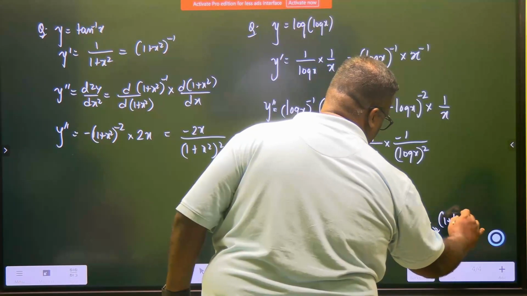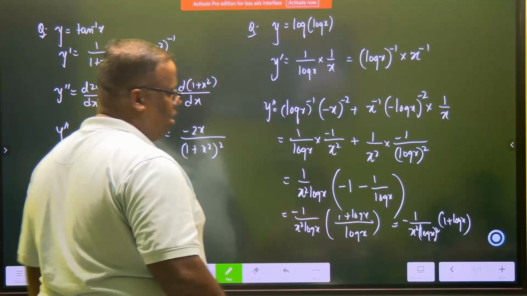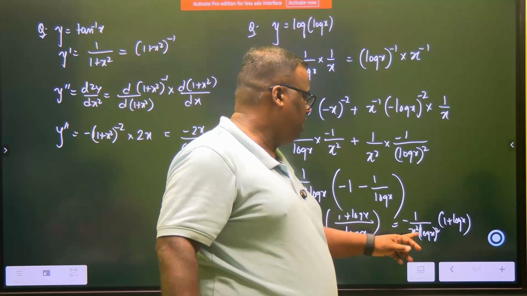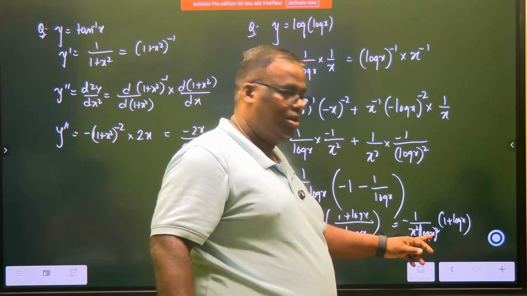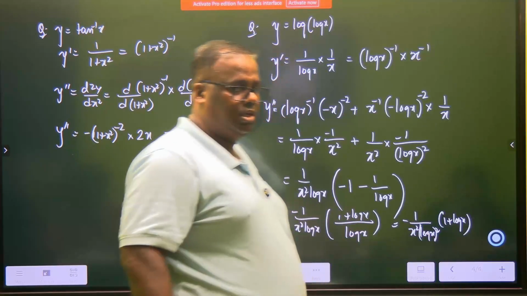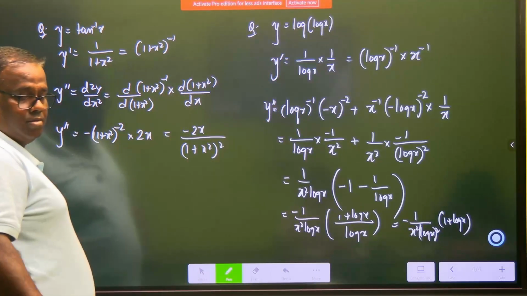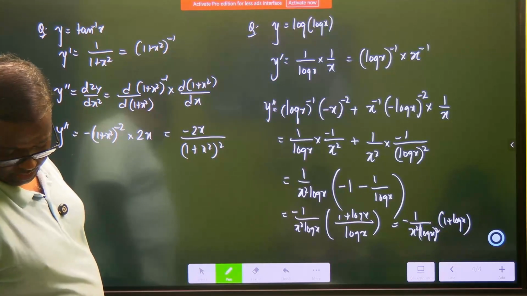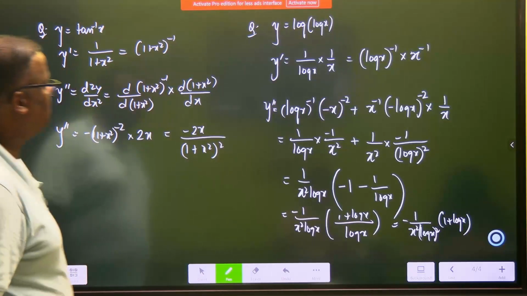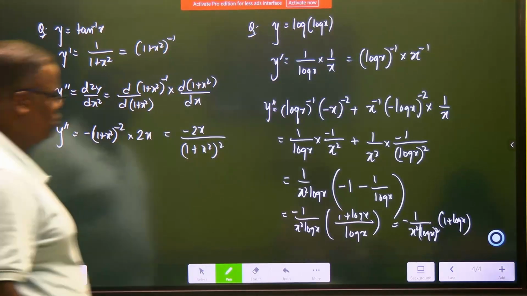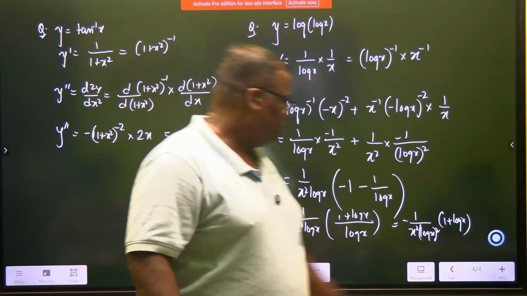Is this the answer? Negative 1 by x square log x whole square into 1 plus log x. Correct. All you need is a little bit of patience. Chalo. Next one.